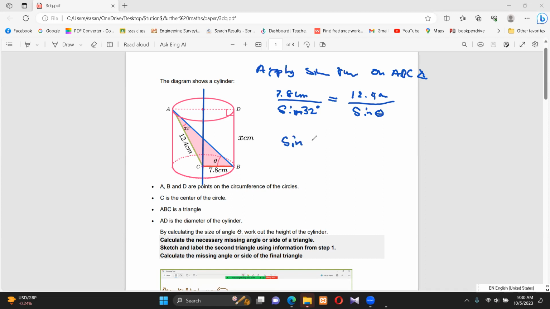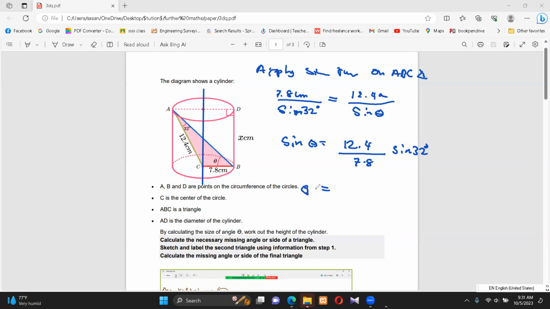Now you can see sine theta equals 12.4 centimeters, centimeters will be cancelled off, over 7.8 times sine 32 degrees.